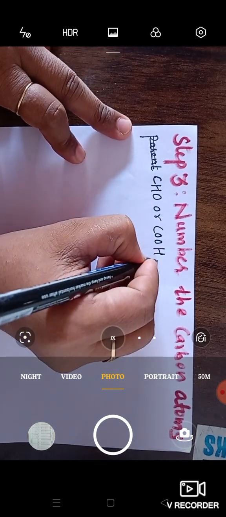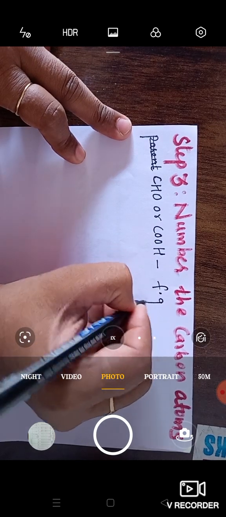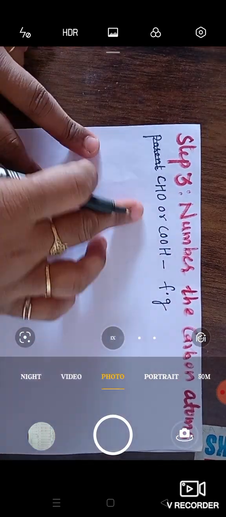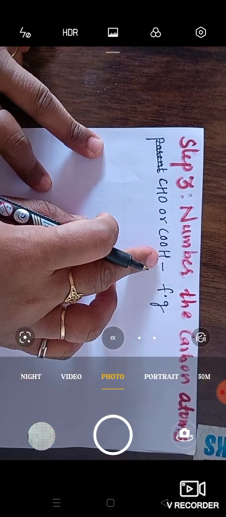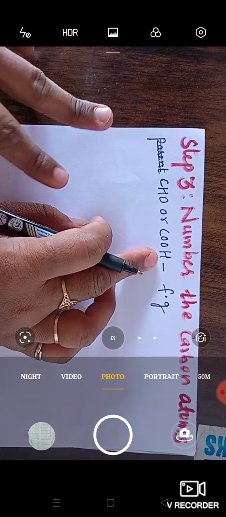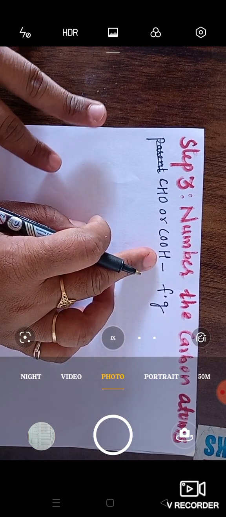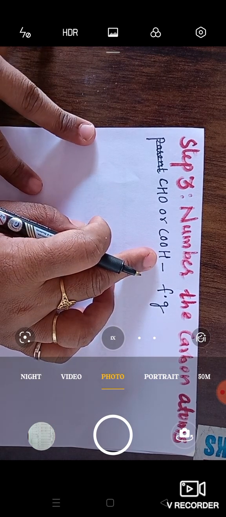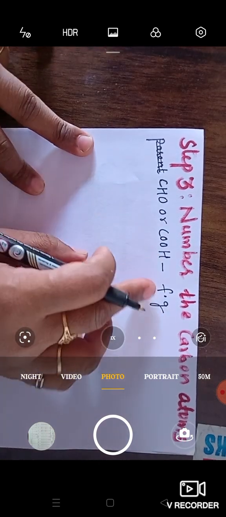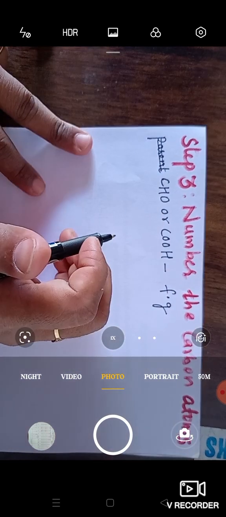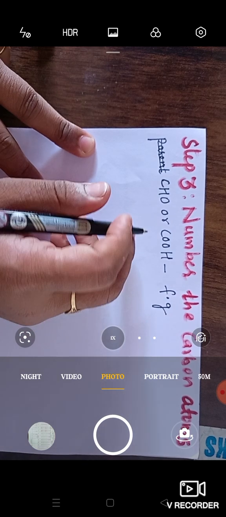If these two functional groups are present, CHO or COOH, that is aldehyde and carboxylic acid, then we have to assign the number 1 to the carbon in the functional group CHO or COOH.